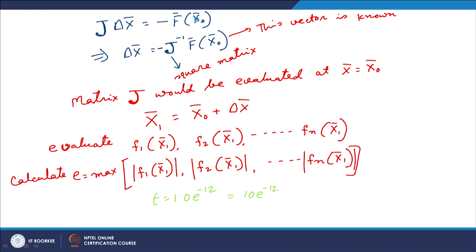We again assume that my true solution is, let us say, x2, and I again compute this delta x for the next iteration, and then we again do the same thing with this value, and keep on doing the same thing till this value of delta x becomes very small.